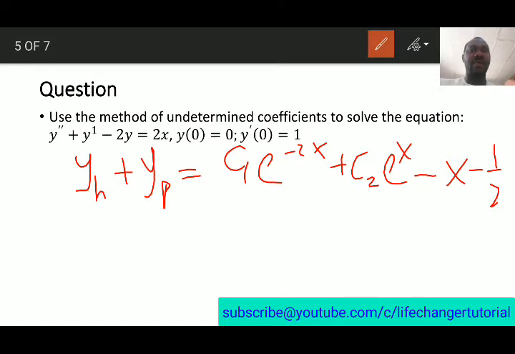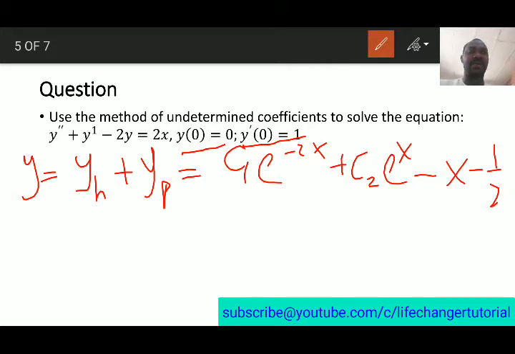Remember, we are also given that y0 is equal to 0 and y prime 0 is equal to 1. So how do we go about that? y0 is equal to 0, meaning that if I substitute x to be 0, y will be 0. So let's do that.